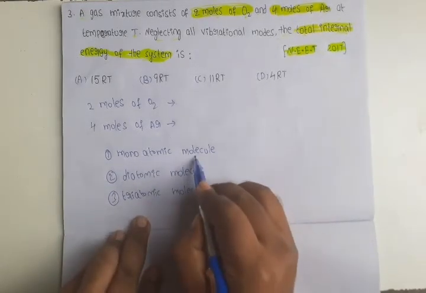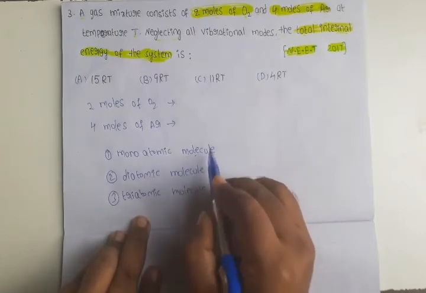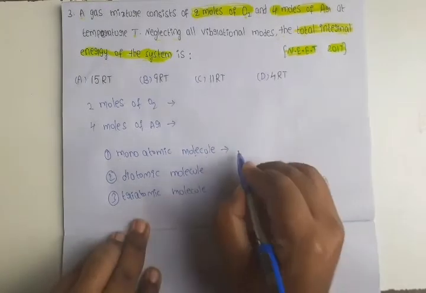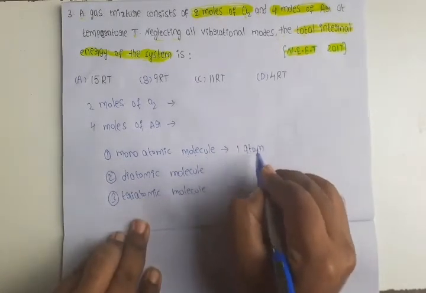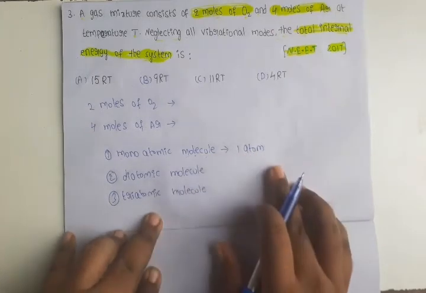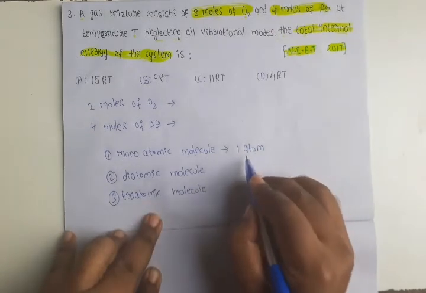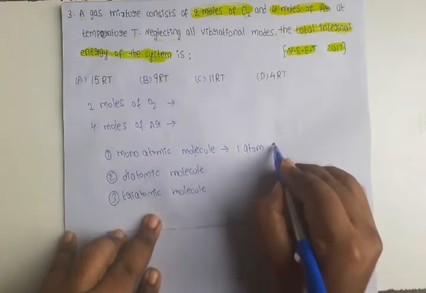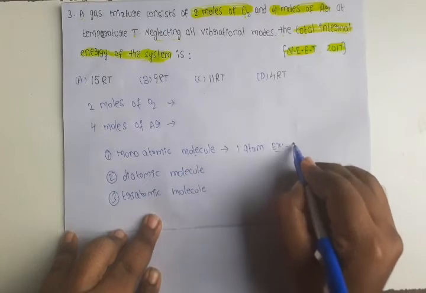A molecule containing only one atom is named a monoatomic molecule. What are the examples?